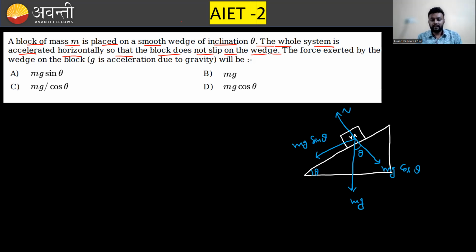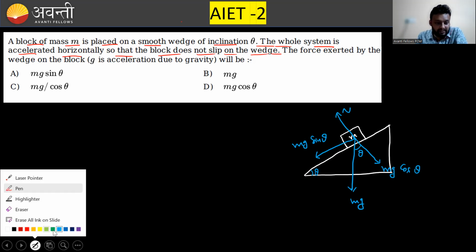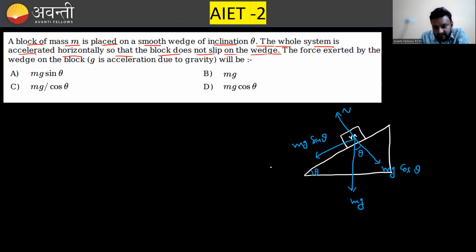This is a simple question. Now, something special happens. This wedge is moved horizontally with some acceleration a, so that this small block is not moving on the wedge. This is the case of a non-inertial frame.